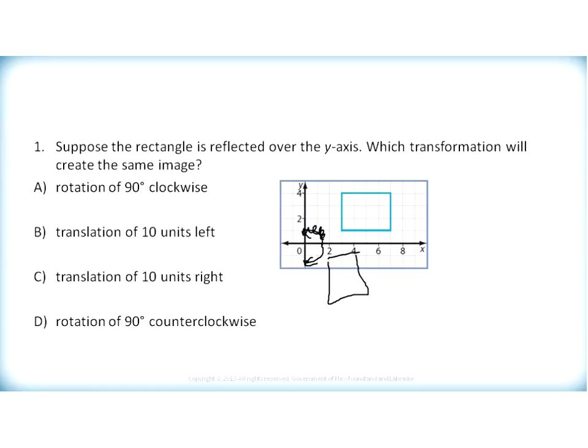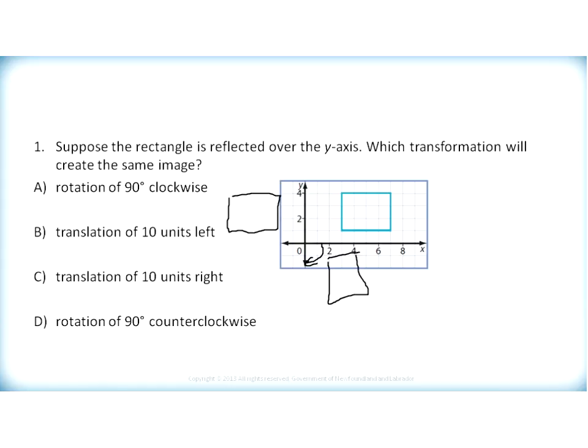Reflecting over the y-axis means my image is going to end up over here. So rotating 90 degrees clockwise is not going to do it. Right? How about translation 10 units to the left?